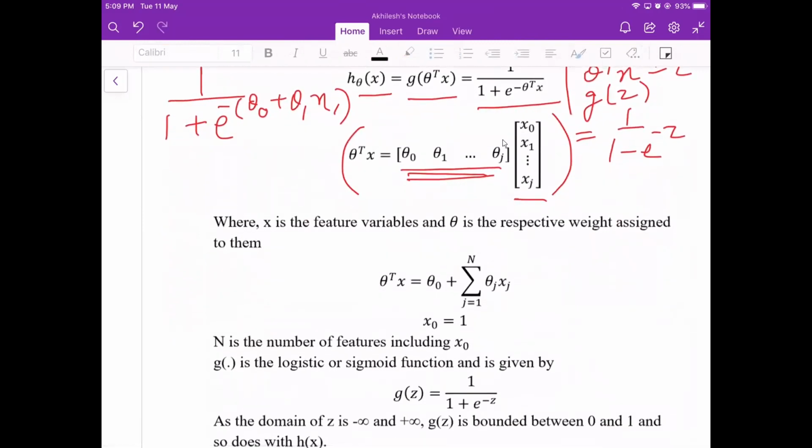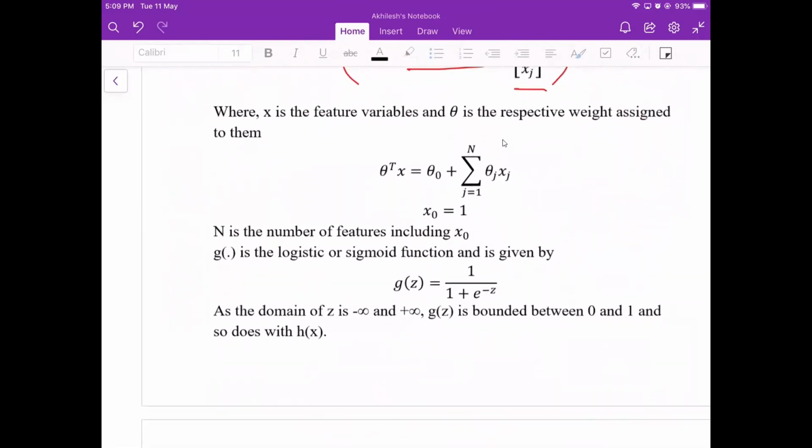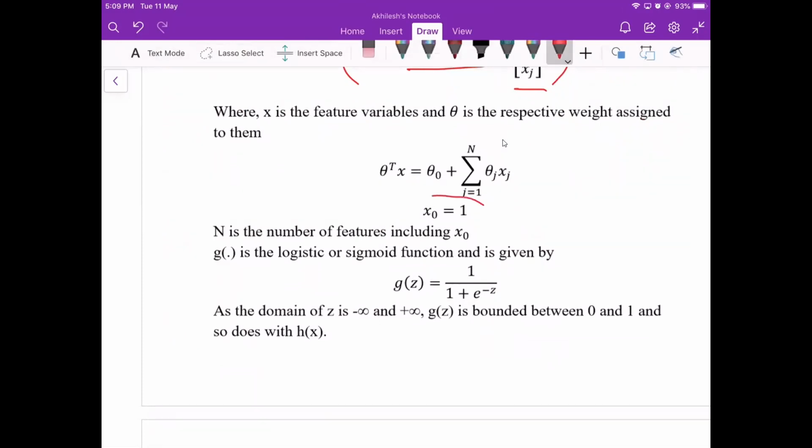Furthermore, x is the feature variable and theta is the respective weight assigned to it. Theta naught is called the intercept.